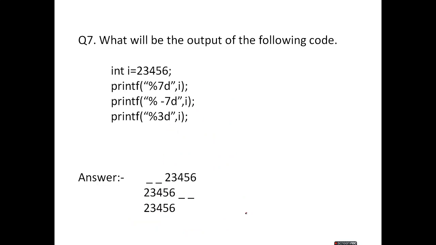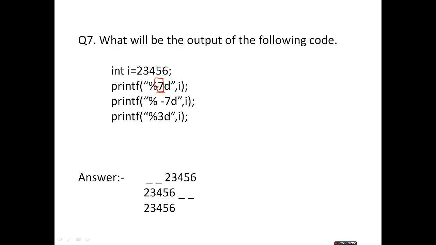Next question. What will be the output of the following code? So i is equal to 23456. We need to print the %7d. So what does this 7 mean? This 7 preserves 7 character spaces on the output screen. So this number shows how much space to preserve on the screen.